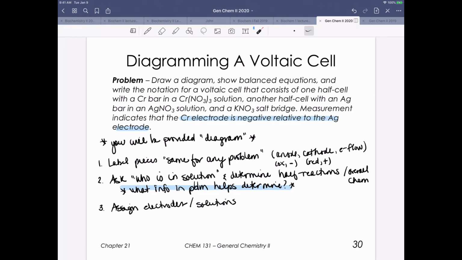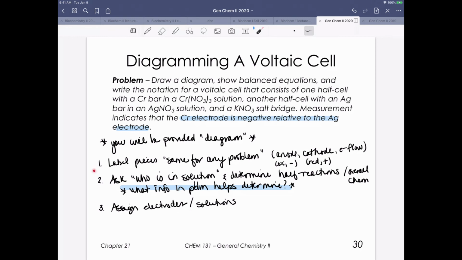Once we start building up the kinds of chemistry that's going on in solution, then we need to make sure we assign everything to the right compartments, to the right solutions, and answer questions about what might be going on in solution: which electrode is getting heavier, are concentrations of this species increasing or decreasing, and so forth. So let's go ahead and start this problem.